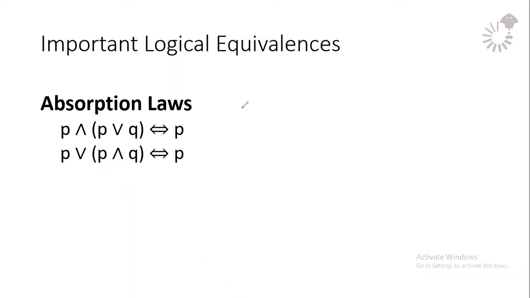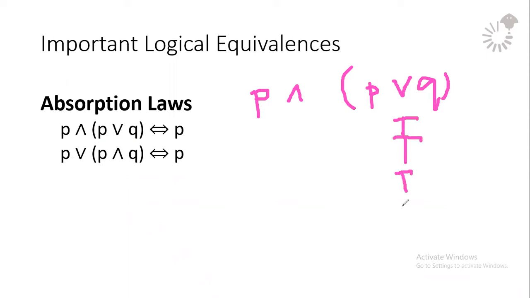Let's prove that. So P and P or Q. So P or Q, shortcut, P or Q, this will be true, true, true, false. P is, anong value ng P?